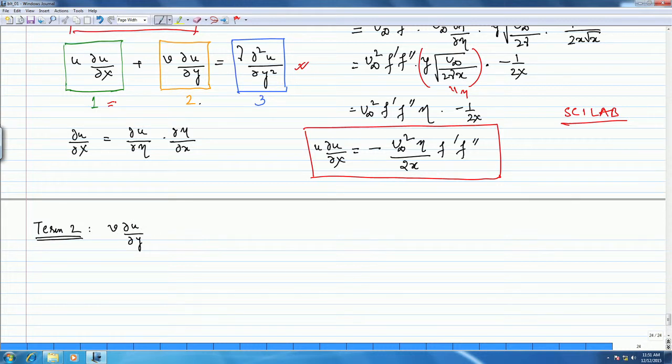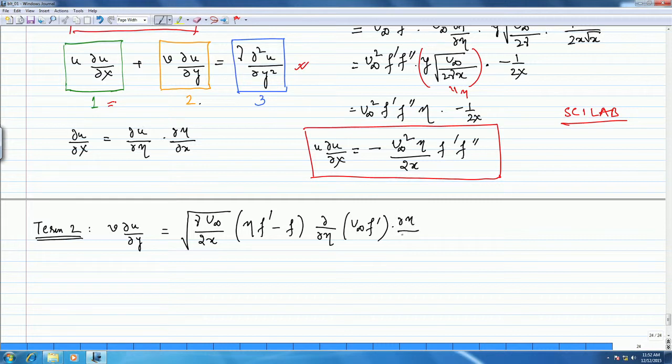Now, del u del y is equal to u infinity by 2x, eta f dash minus f, times del eta, u infinity f dash, del eta del y.